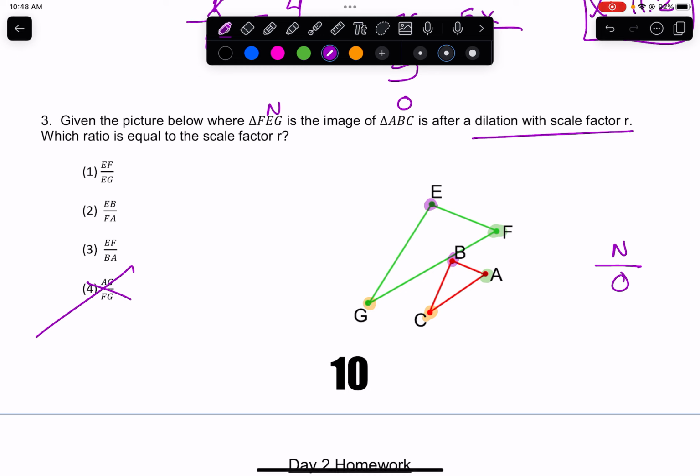So I can eliminate 4 because that has the original on top. So now we look for corresponding sides. So EF would have to correspond to BA. Those are both new sides. F is not even in the triangle ABC. So if we look, EF corresponds to BA.